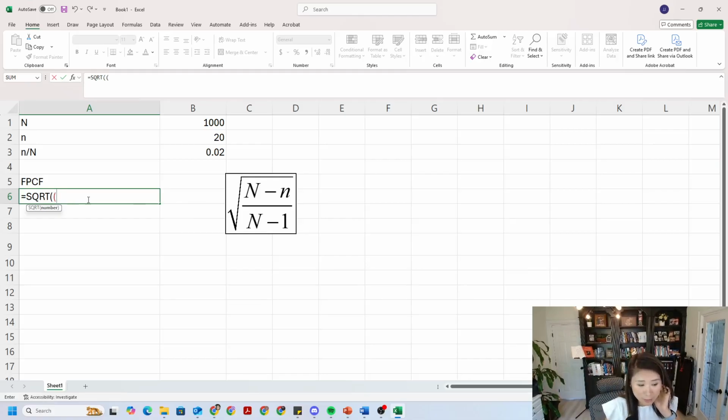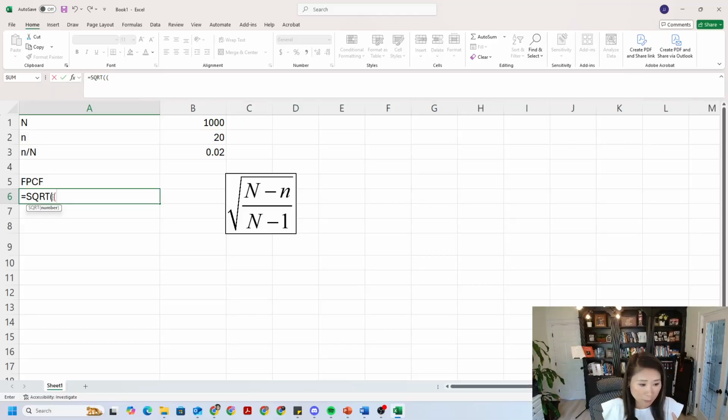Because without this initial parentheses, the calculation will become capital N, and then minus small n divided by N minus 1. So Excel will treat small n divided by N minus 1 as the ratio, versus capital N minus small n first and then divided by N minus 1. So the parentheses become very important. You want to make sure you keep this parenthesis for your numerator.